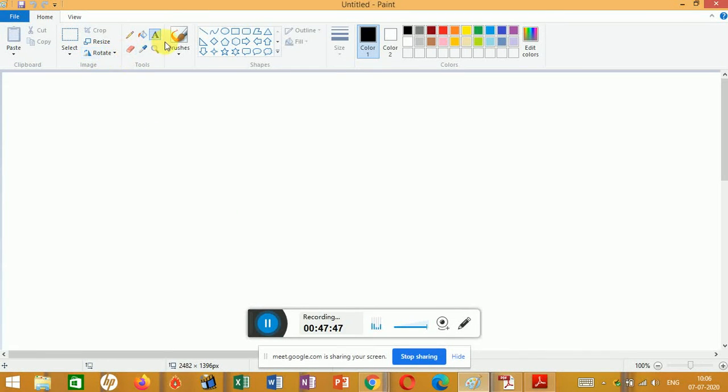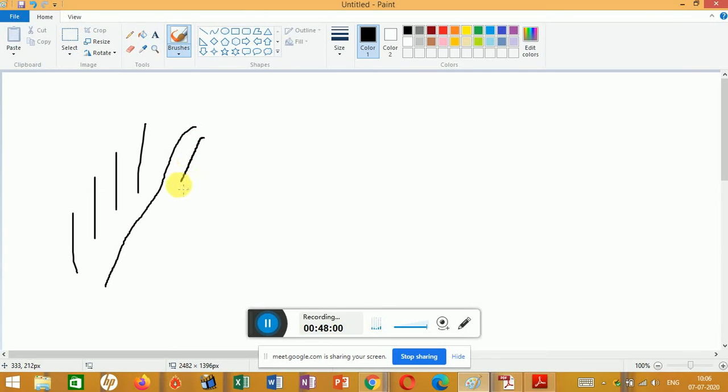Let us say this is landmass. Here this is landmass. If corals are formed just along the coast like this, so this is a coral reef, let us say.